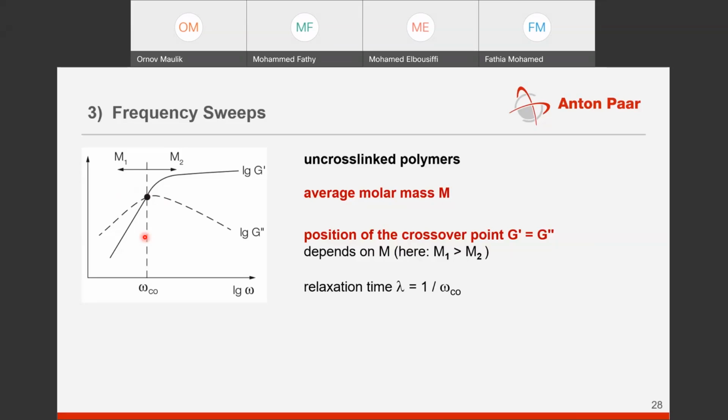So rheometers usually are very sensitive at lower frequency regions. So the data you are getting over here can complement the results from GPC instruments. So this is a very effective way to accurately determine the molecular mass distribution in your material.